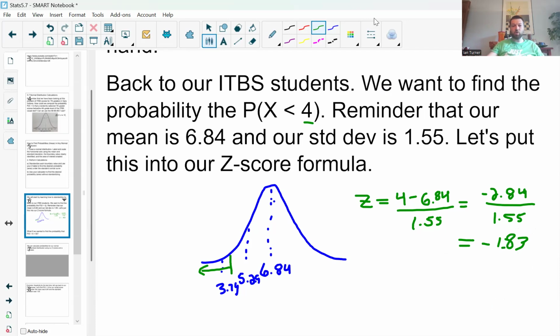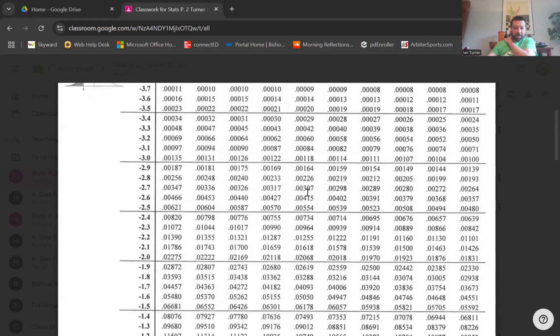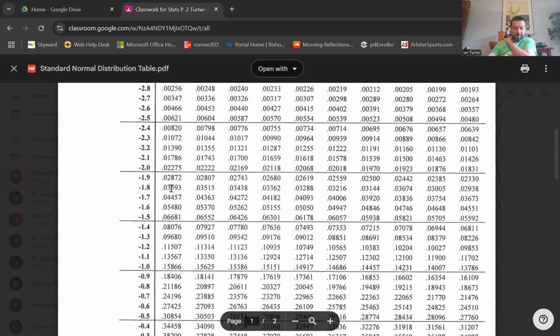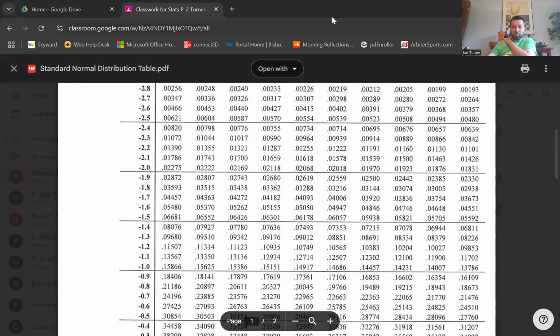So now we got to go over and pull up the z table. Okay. So here's the z table. And we got negative 1.80, 1, 2, 3, 4. So it's 0.03288. You can see my terrible face there.